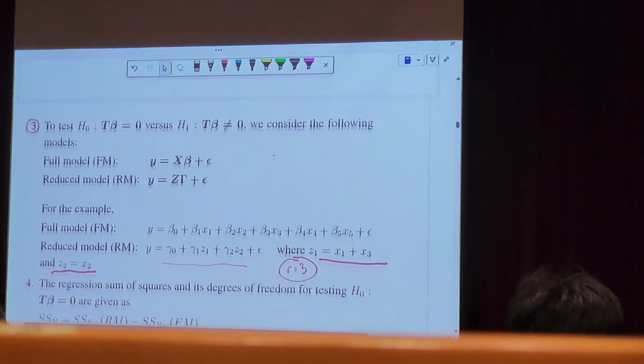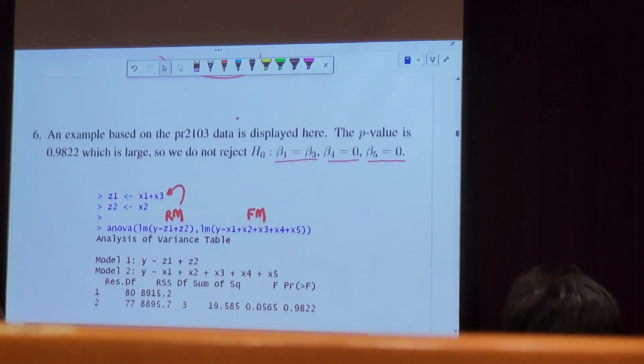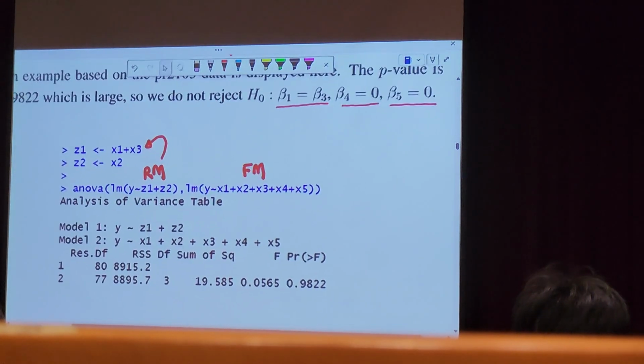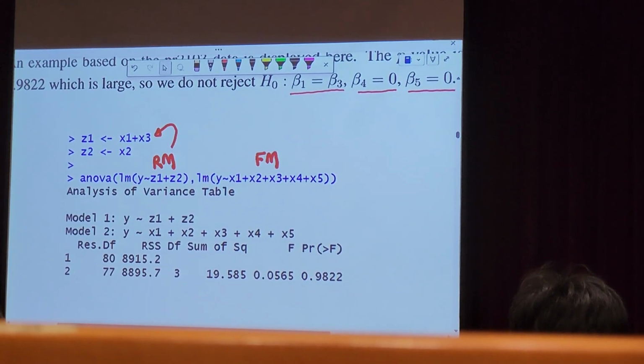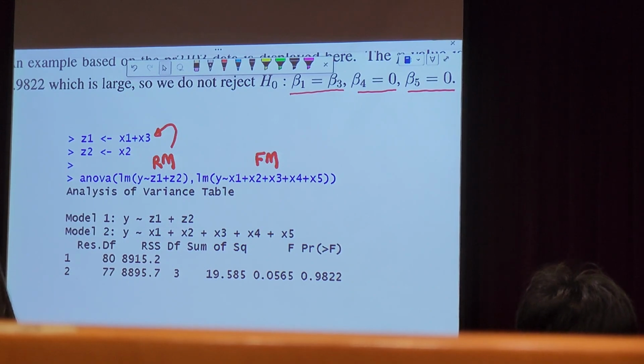That's exactly what I'm doing. I calculated Z1 as X1 plus X2, Z2 as X2, and then I compare these 2 models, the reduced model and the full model.